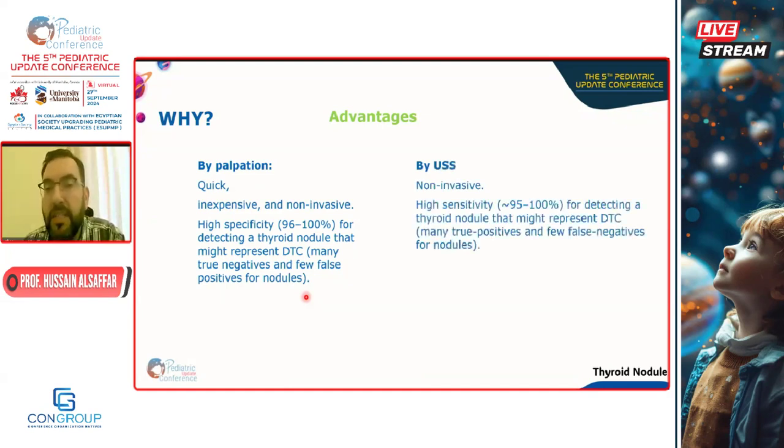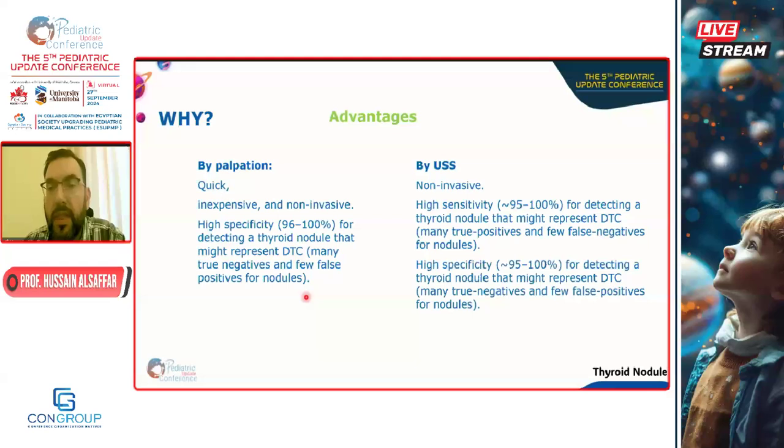It's non-invasive, and it has higher sensitivity compared to palpation. It detects more thyroid nodules. There's a higher specificity as well for detecting thyroid nodules that might represent the DTC. So many true negatives and few false positives for nodules. And it can help in detection of the DTC at an earlier stage compared to neck palpation.